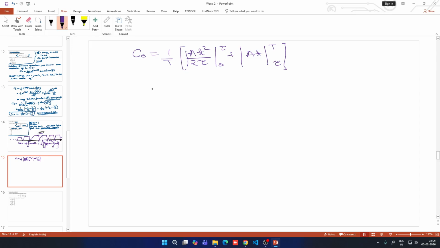Now when we solve this, putting in the limits, finally it will come as 1 by T times A T minus A tau by 2, c naught. Now we can simplify it further by taking A as common and bringing T inside, so it becomes A times 1 minus tau by 2T.